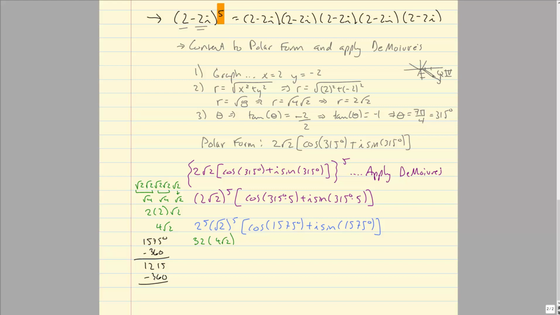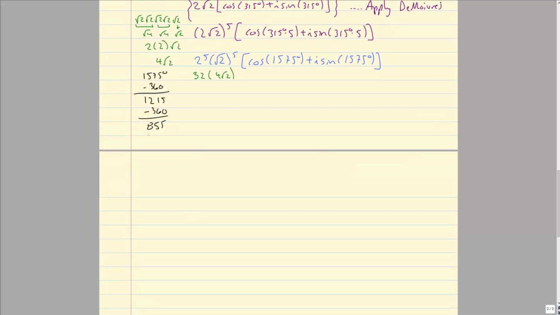Subtracting another 360 would be 855. So we definitely have some more spins around the unit circle here to go. We're going to do minus another 360, which is 495, minus another 360 is going to leave us at 135 degrees.